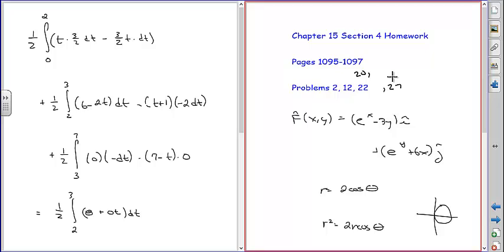Green's theorem has applicability to force and to work around a closed path. We also know that Green's theorem basically says that the work or the line integral around a closed curve in a conservative vector field is 0 because the partial of N with respect to x is equal to the partial of M with respect to y. And you can also use it to find areas by using that theorem.